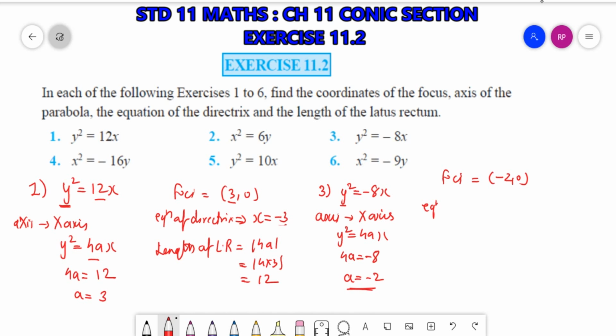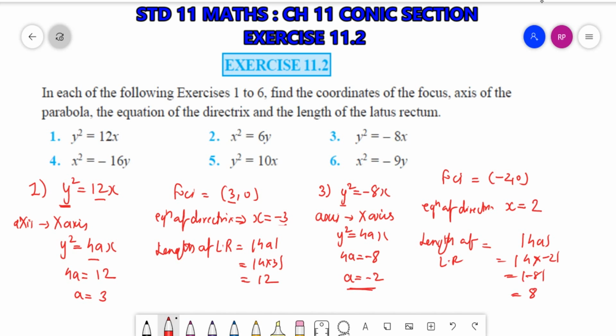Equation of directrix, x equal to minus of minus 2, that is plus 2. Length of latus rectum, modulus of 4a, that is the modulus of 4 into minus 2, that is minus 8, which will be equal to 8. Clear? This was about the third question.